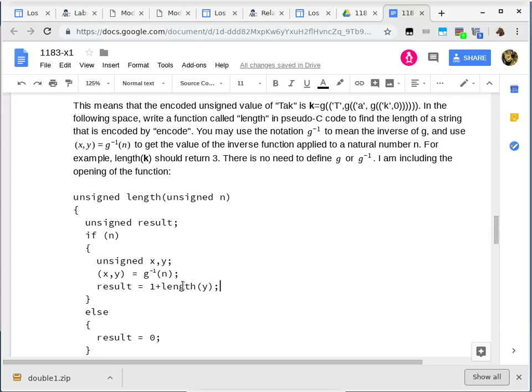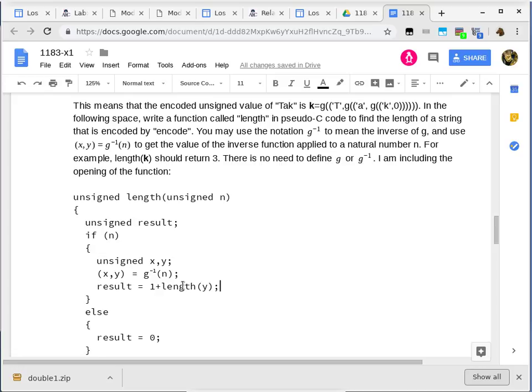The first component is the first character of that substring, and the second component is the encoded version of the rest of the string. The number of times you call g inverse until you get 0 is the length of the string. Basically, that's why we have the 1 plus when we do the recursion. You just count the string.